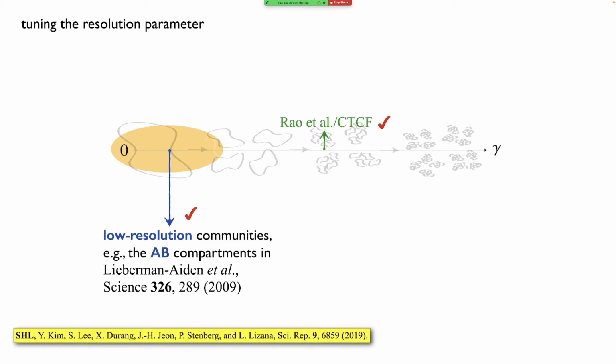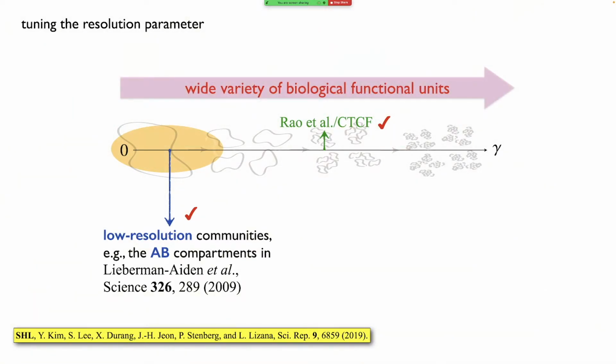So, to summarize the result reported in the paper published 2 years ago, by tuning the resolution parameter in the community detection scheme, we could recover previously reported substructures of the Hi-C map based on these two separate verifications. So in this paper, we suggest a whole spectrum of community scales that may be meaningful for different biological contexts.